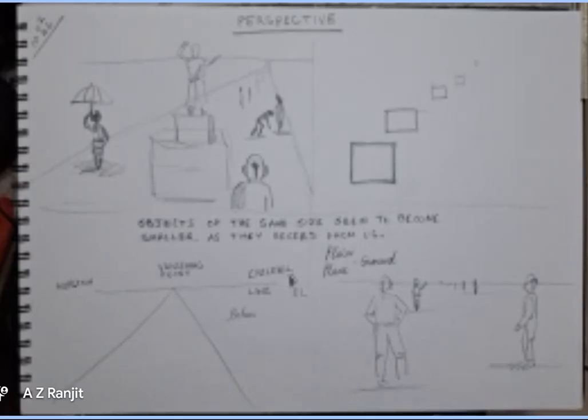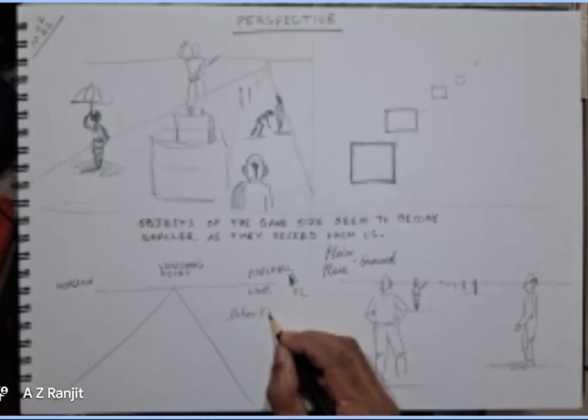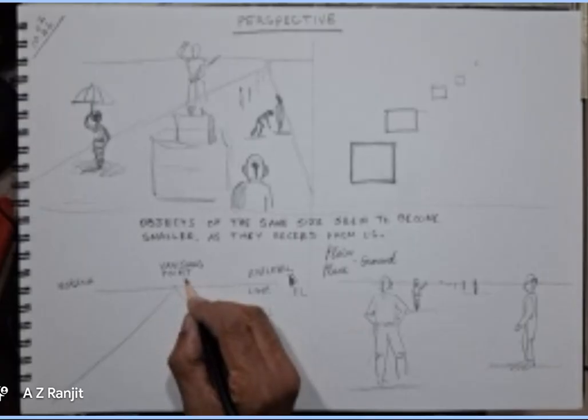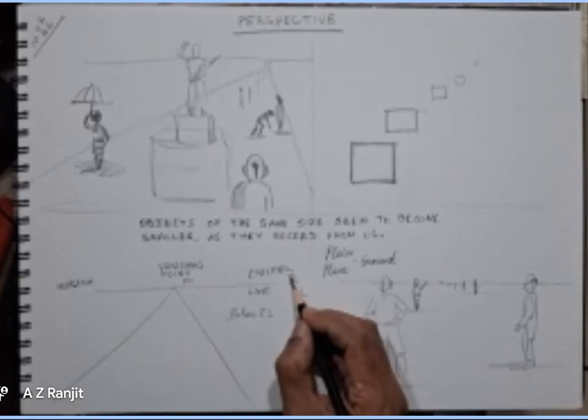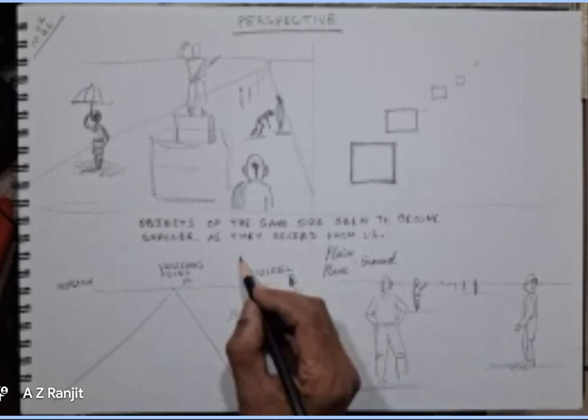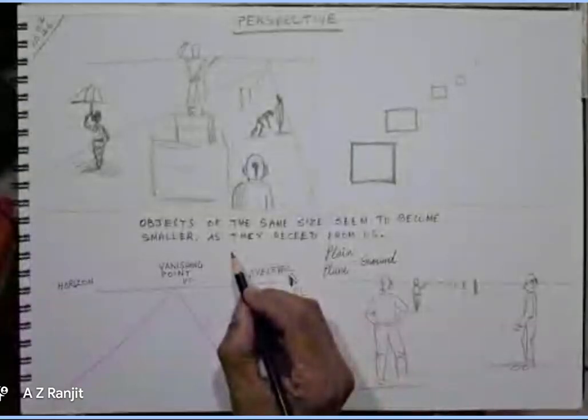We have certain terms so that we can guide each other. Below eye level, below EL, I'll write. Vanishing point will become VP. Horizon will become eye level. And what will this part be?